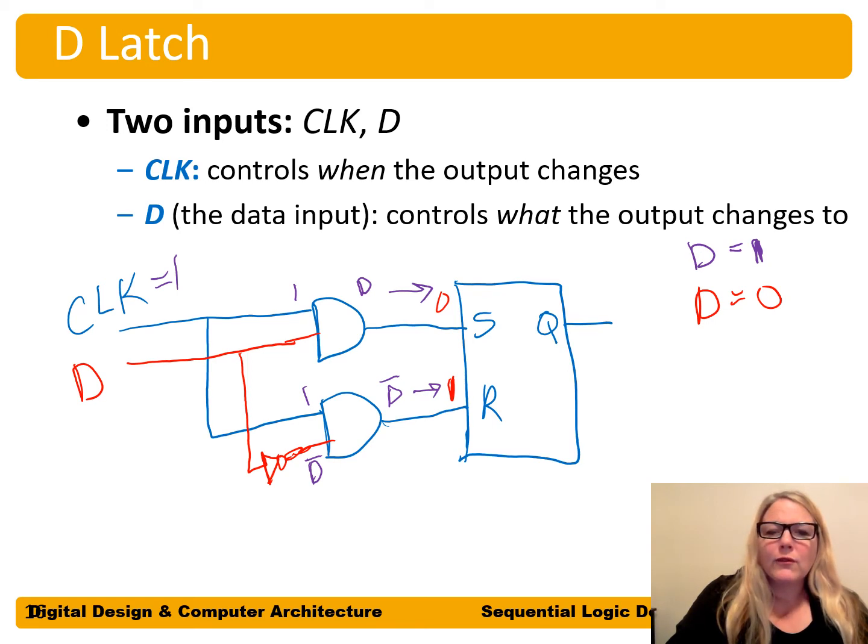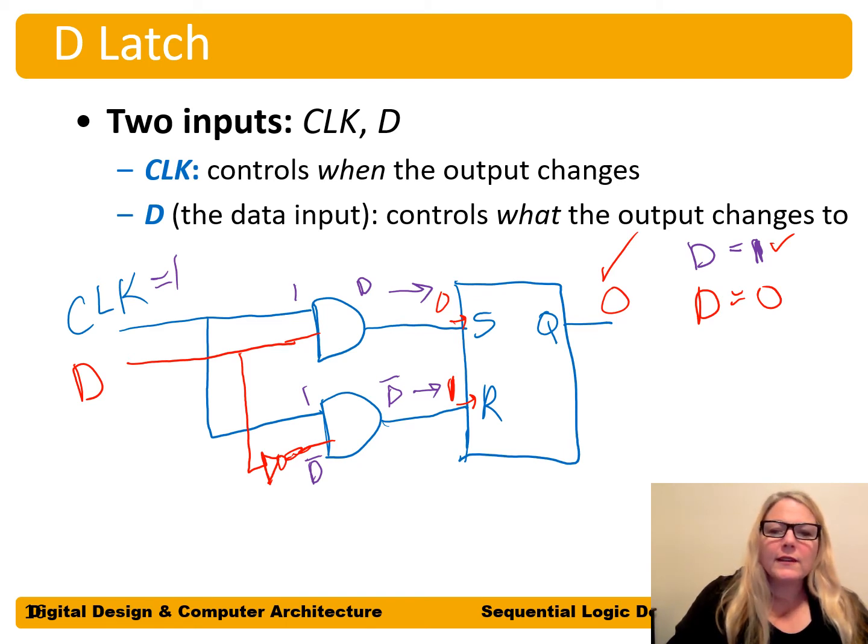And then we know that if you have a 1 on R and a 0 on S, then the output Q resets to 0. So in fact, when D equals 0, the output Q, that state bit, follows D. And as we saw before, when D was 1, the output Q also followed what D did.